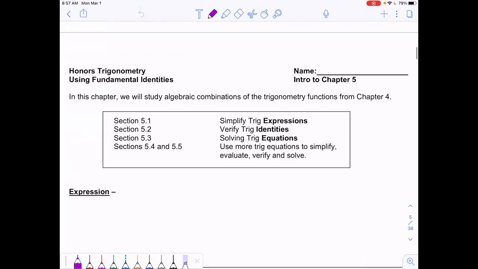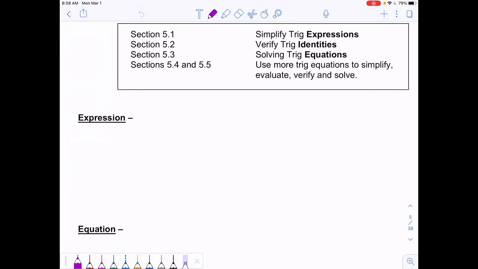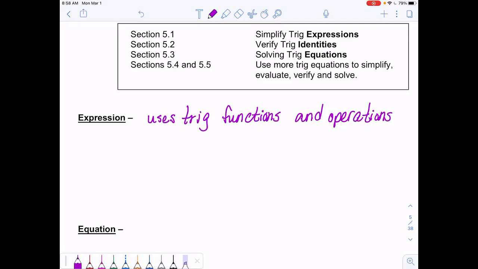So going to page 5, let's talk about the difference between an expression and an equation. A trig expression uses trig functions and operations. Operations: adding, subtracting, multiplying, dividing.